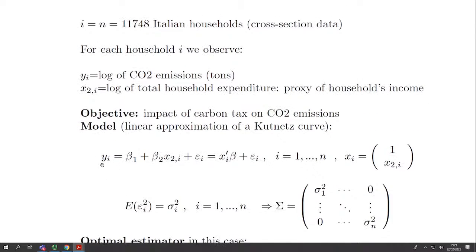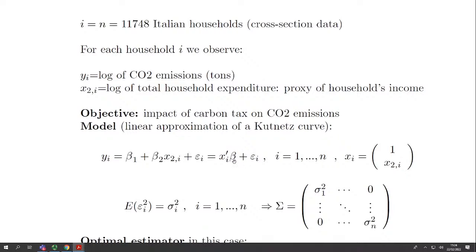So I have this model where I explain the log of CO2 emissions across the n households as a function of a constant, an intercept, and the log of total household expenditure, which is a proxy of household income.